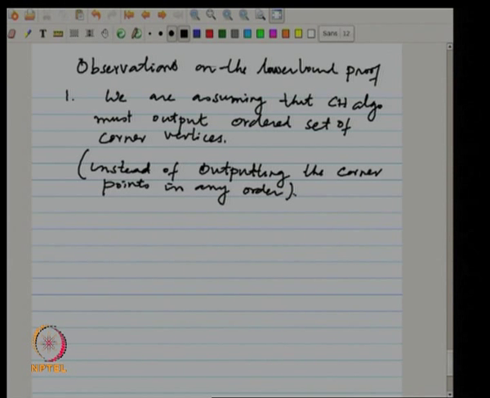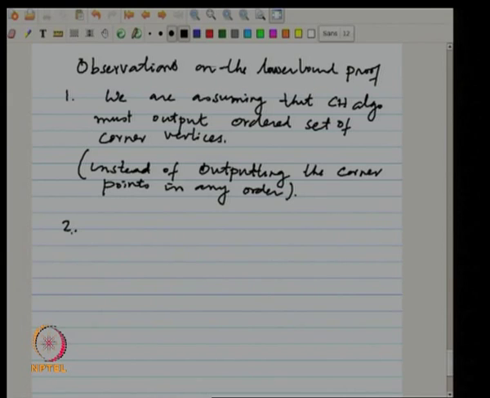Suppose my convex hull algorithm was not required to produce these vertices in counterclockwise or clockwise order, but just, here is a set of points, tell me what are the corner points. If my convex hull problem was specified like that, this lower bound will not hold.